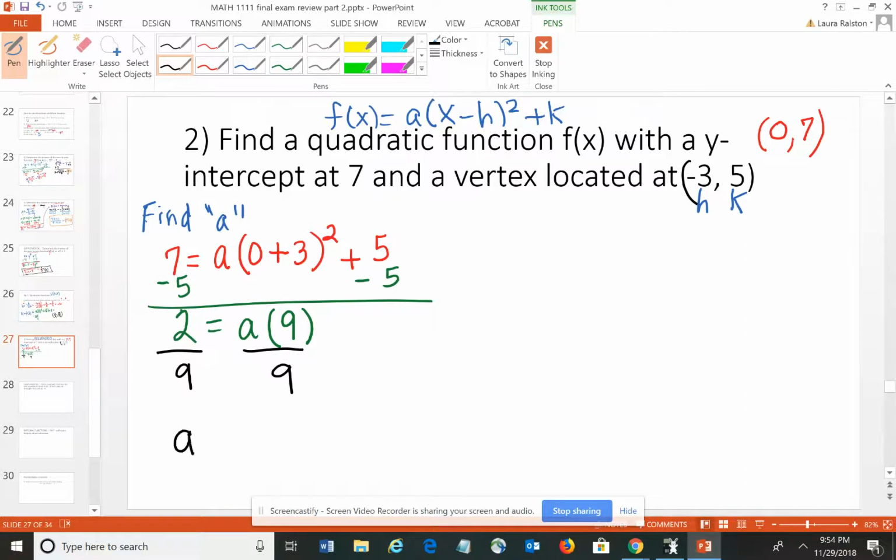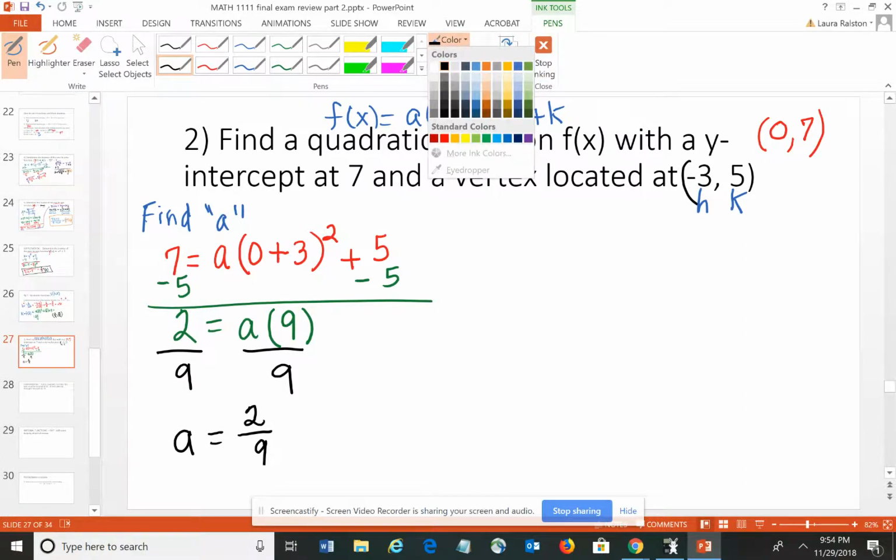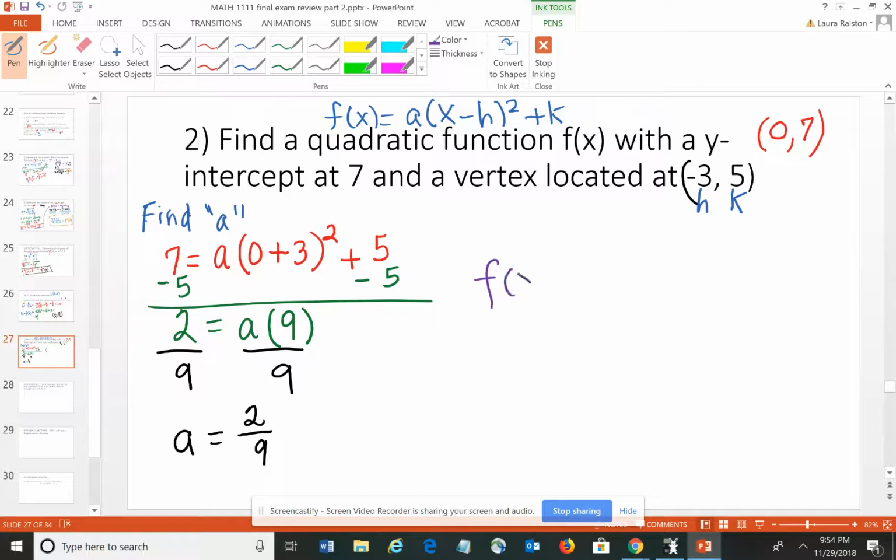So I find that a is positive 2/9. So with the vertex that I'm given and the formula, plugging in, my equation would be f of x equals 2/9 times x minus -3 makes +3 squared plus 5.